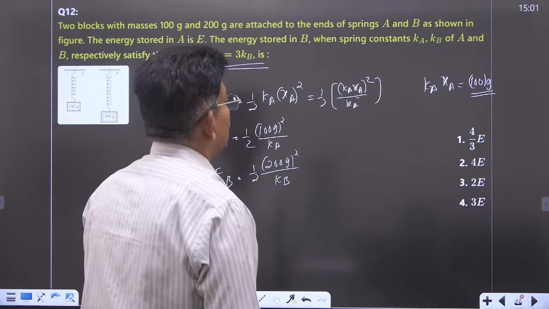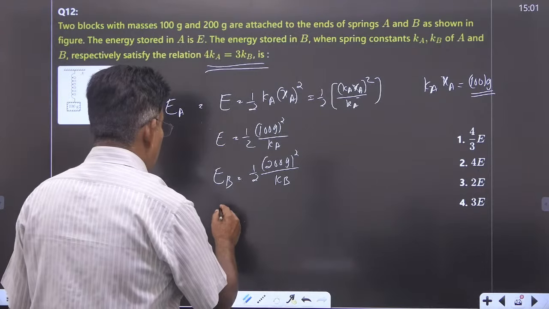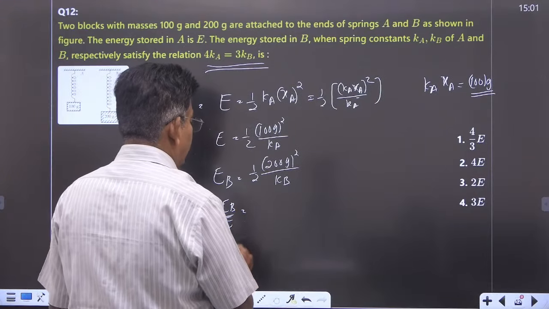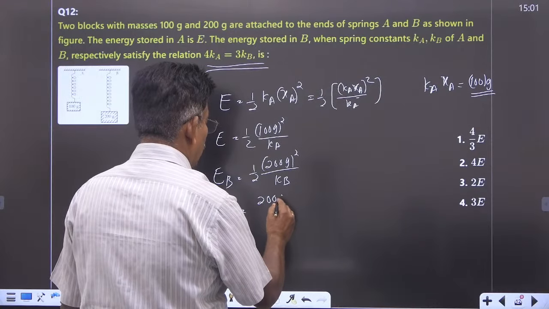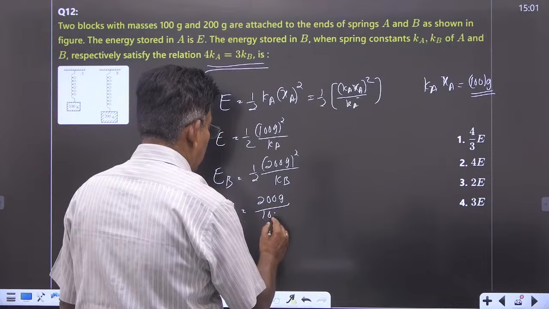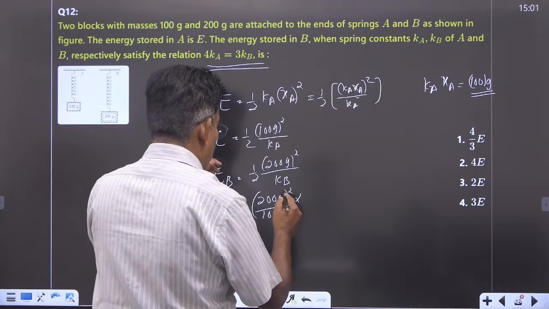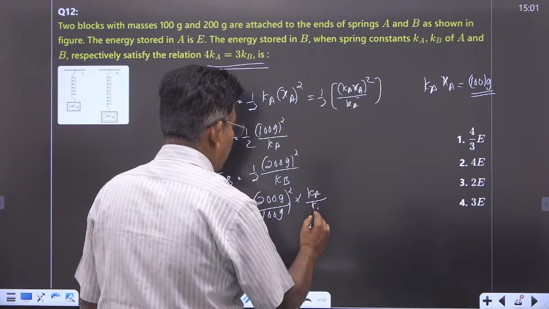I want the value of EB by E. Half gets cancelled. What will be coming? 200 g by 100 g whole square. Then K will go to the numerator, Ka by Kb.